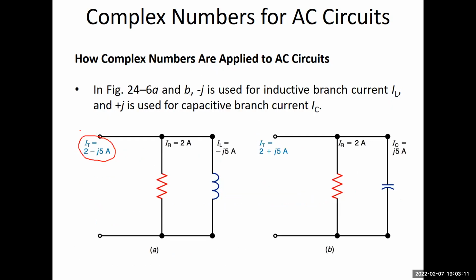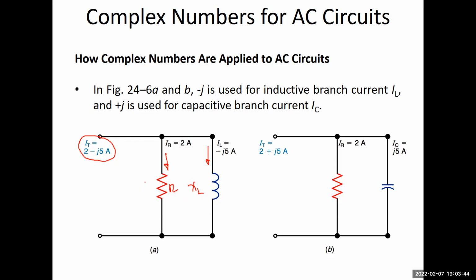Now, look at this one. If we are talking about current, the resistance and the XL are no longer connected in series, but rather they are connected in parallel. The current flowing here would be your IR, and the current flowing in your inductor is your I sub L. Therefore the total current now would be 2 minus J5.